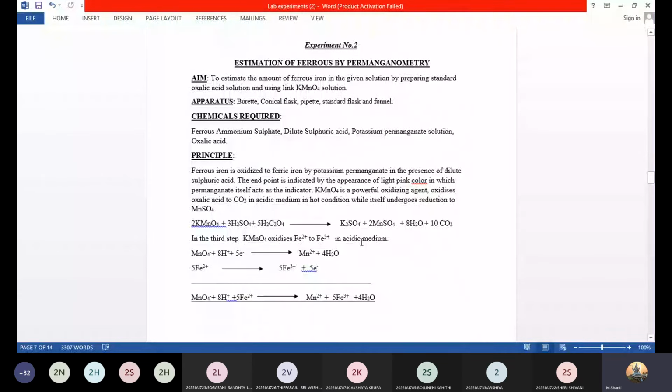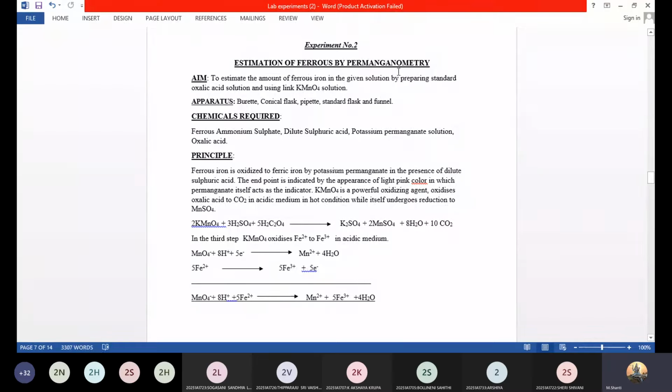Shall we go on to experiment number 2? Yes, ma'am. Okay, so experiment number 2 is estimation of ferrous by permanganometry. Here you will be given a ferrous salt, and in that given amount of the ferrous salt, you are going to find out how much ferrous is there by using a KMnO4 solution.